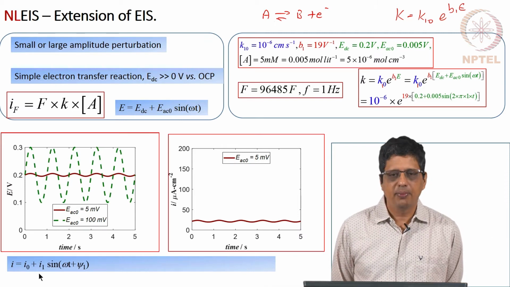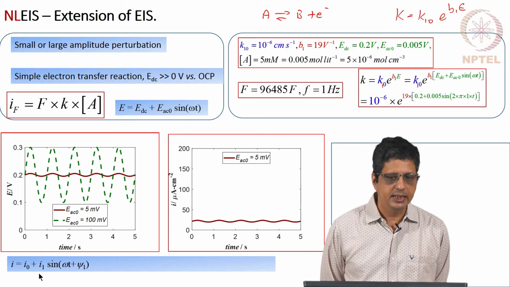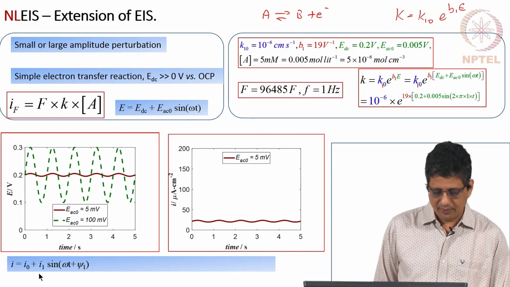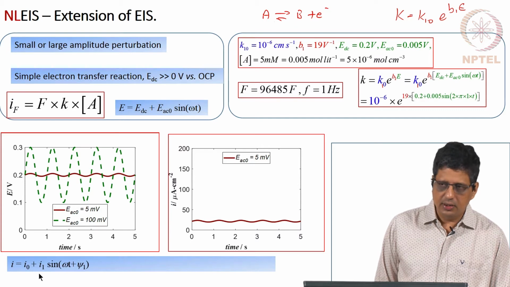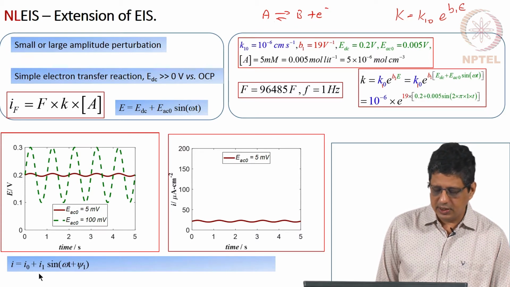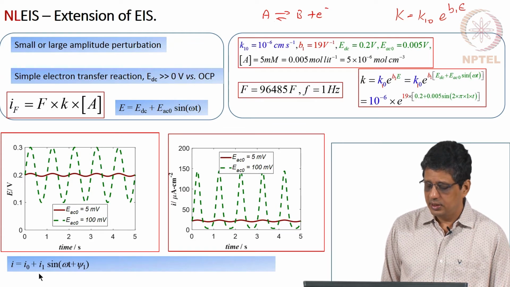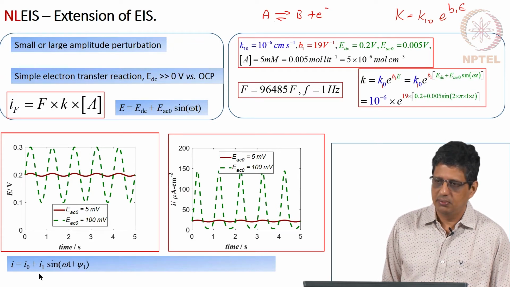What happens if I apply 100 millivolts AC, 100 millivolts amplitude of AC? The potential looks sinusoidal, with the same frequency of course. The current response is definitely not sinusoidal.